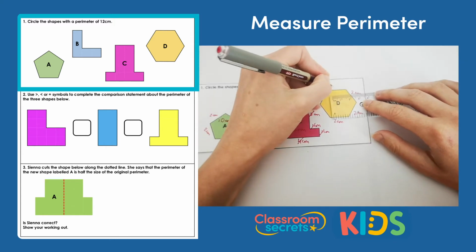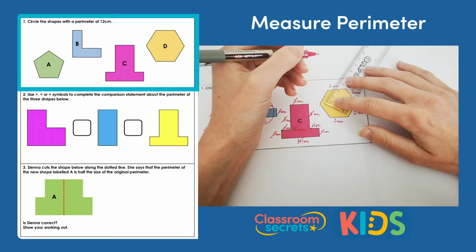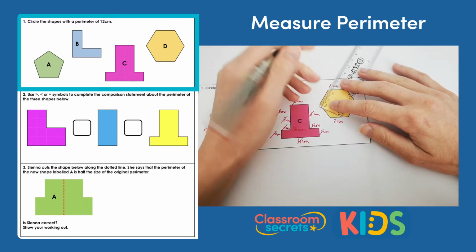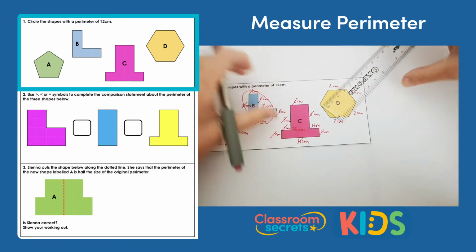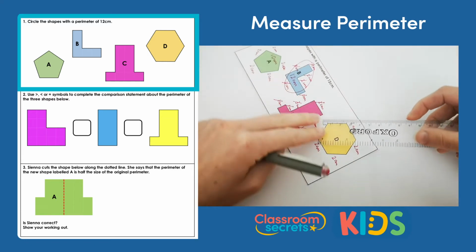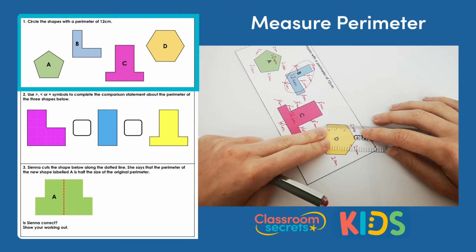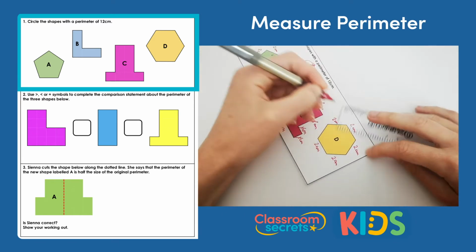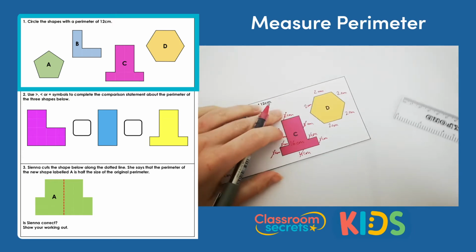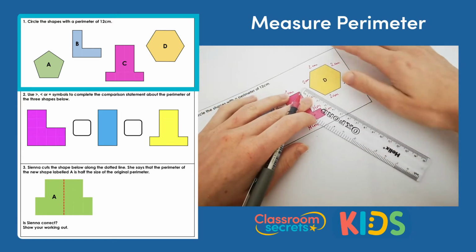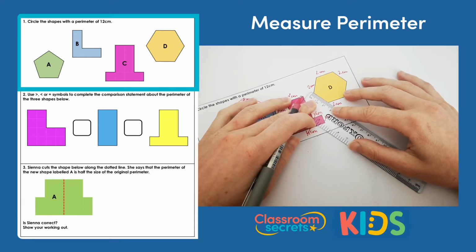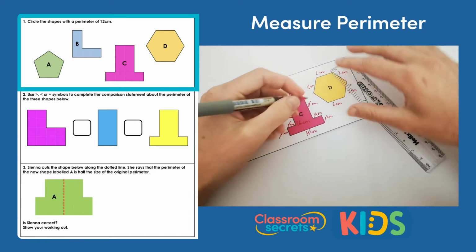That side is 2 centimetres. I'm struggling to see that from this angle, so I'm going to move my paper. That's 2 centimetres also, so I think it's safe to say this is 2 centimetres. It is.